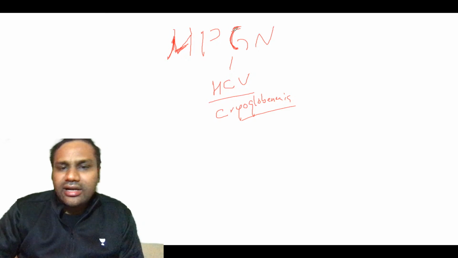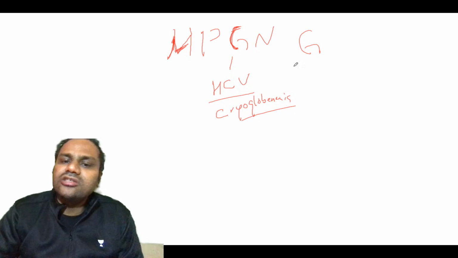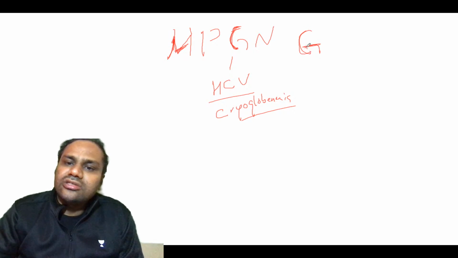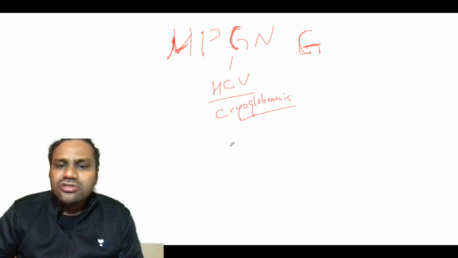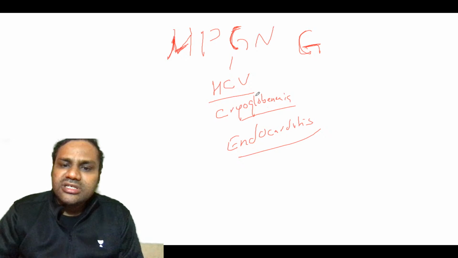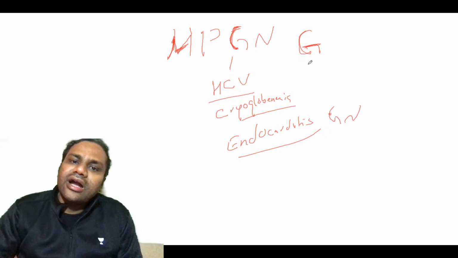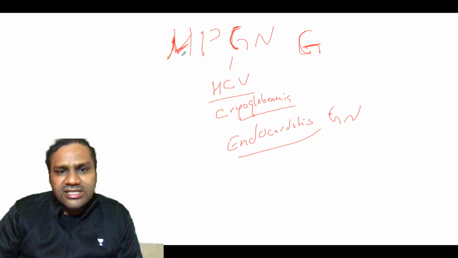Then if you look at this part as a whole, it looks like E also. So basically it is endocarditis. So MPGN can also be seen in endocarditis associated GN, okay. This is basically M, but it also looks like H here.